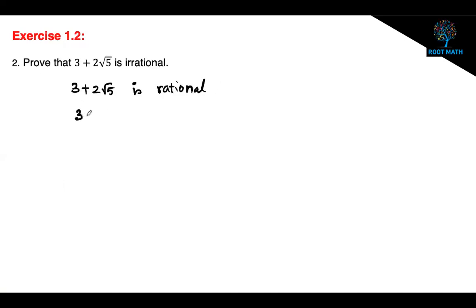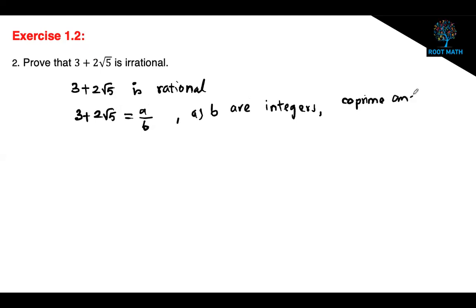If it is rational, 3 plus 2 root 5 is equal to a over b, where a, b are integers, co-prime, and b not equal to 0.